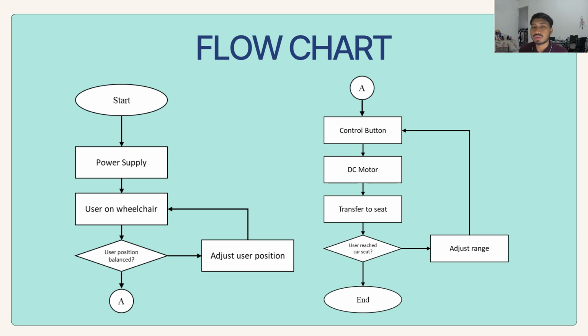And then we need to check whether the user has reached the car seat. If not, we can adjust the level of the patient while hanging. If the height of the patient while hanging is too low, we can adjust it by pushing the up button on the control to lift the patient up.